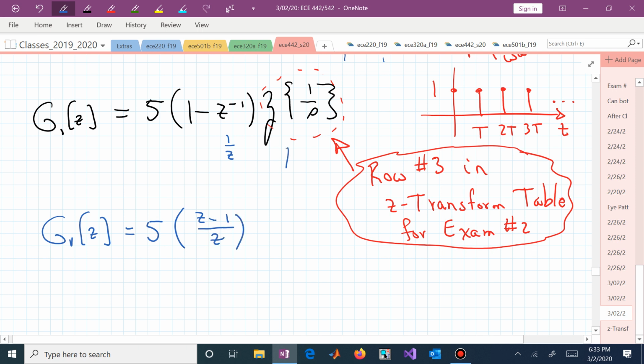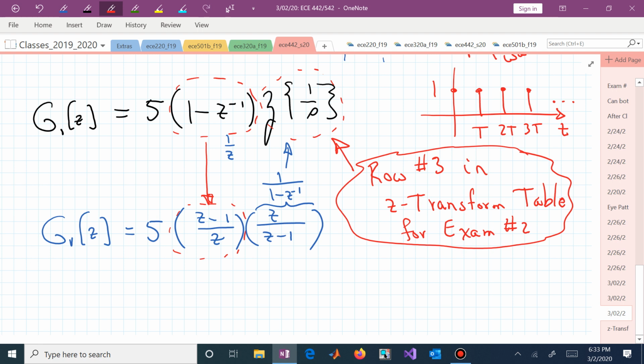And this was 1 over 1 minus Z to the minus 1, which I could multiply both top and bottom by Z and end up with Z over Z minus 1. That's that. And this is that. We okay with what I've done?